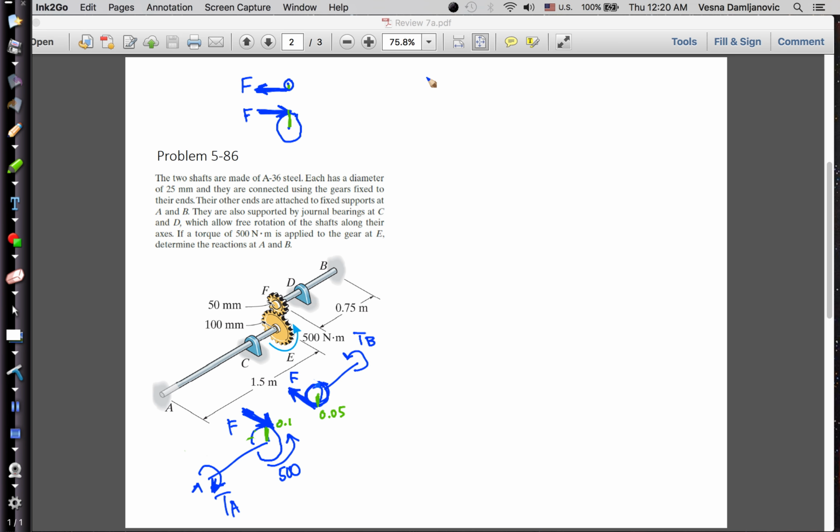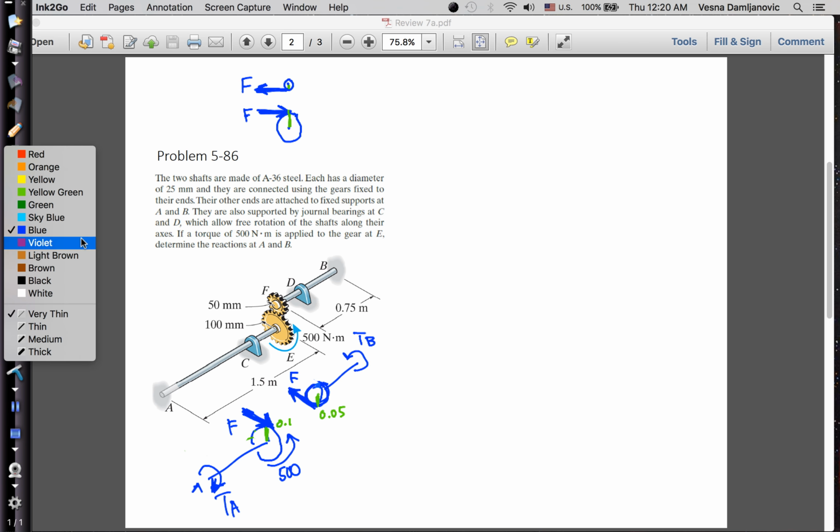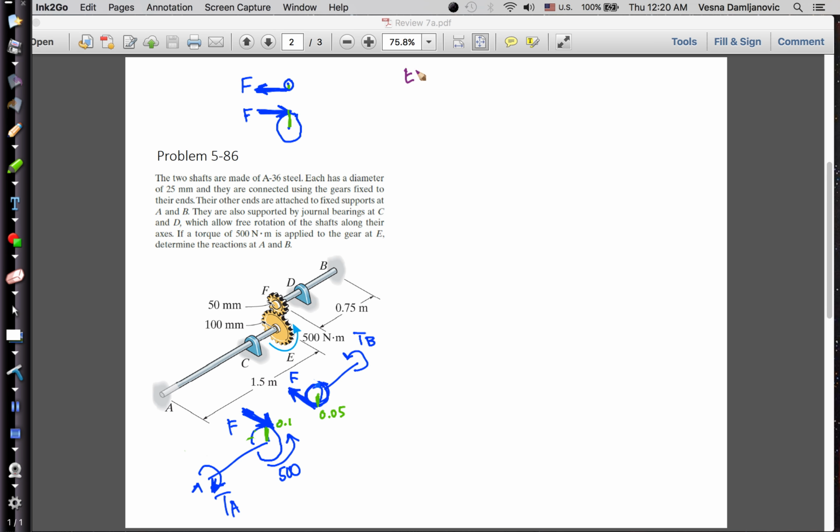So let's write the equilibrium equations. And maybe I can, for a change, use a violet. Okay, so equilibrium. Let's look at this one first. We're going to have two equations, one for this body and one for that body. And then after that, we're going to write some sort of compatibility equation. So sum of torques is 0 for this free body diagram.